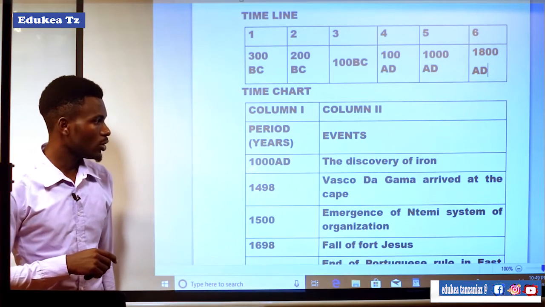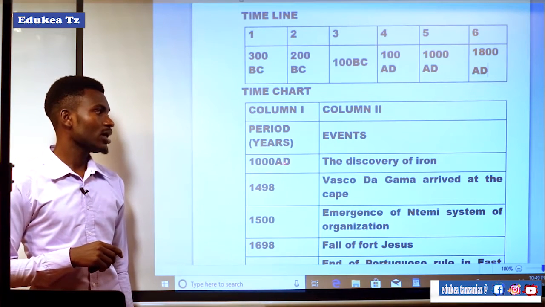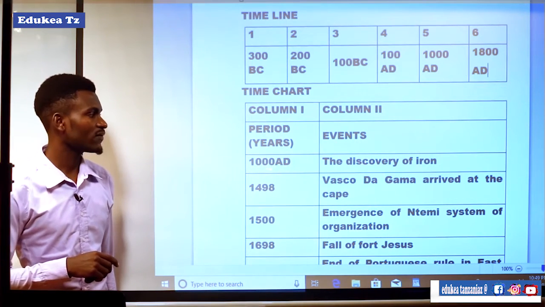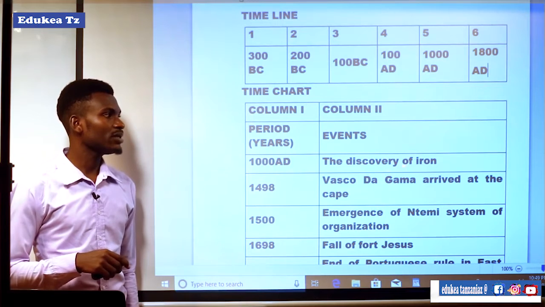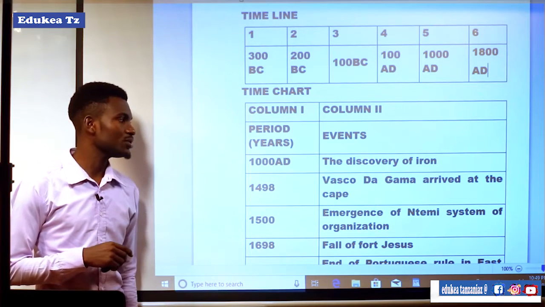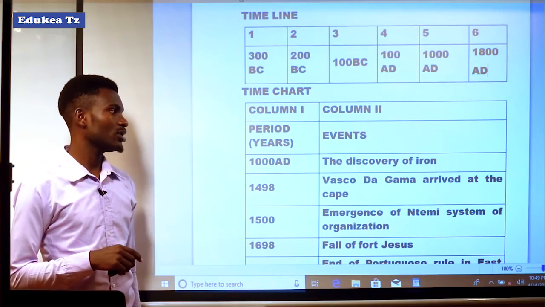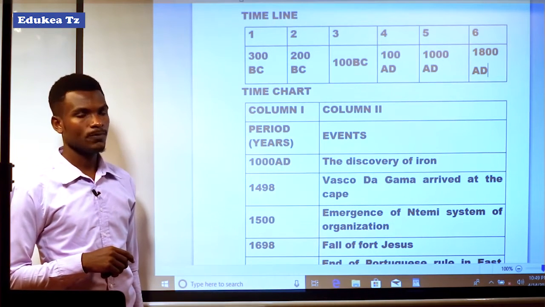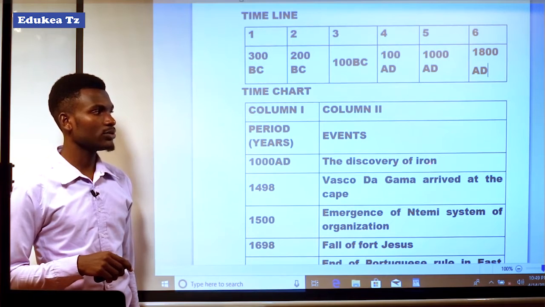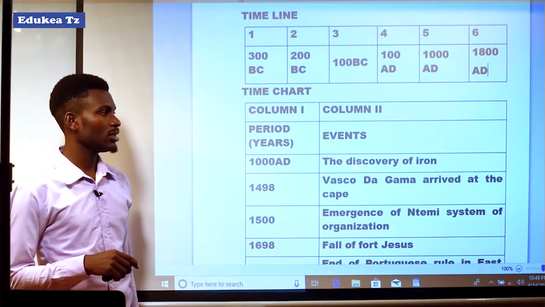In 1000 AD, or after the birth of Christ, the discovery of iron. It means that in this year there was the discovery of iron in the world.